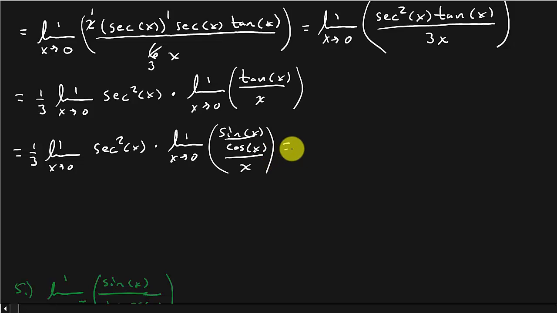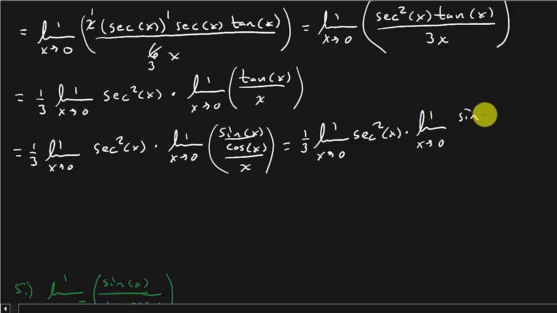Right? And so this is 1/3 limit as x goes to 0 of secant squared x times the limit as x goes to 0 of sine x over x times cosine x. Remember, that's x over 1, so it's this times the reciprocal of this, so it'd be this times 1 over x, and that's why that x is down there in the denominator.